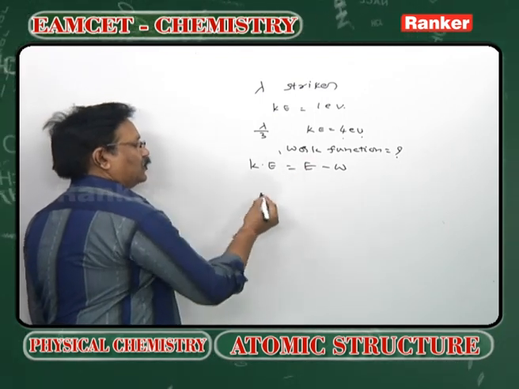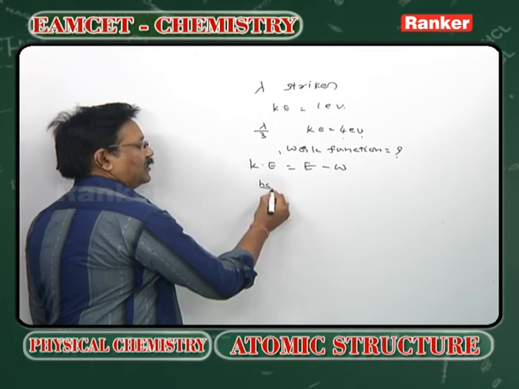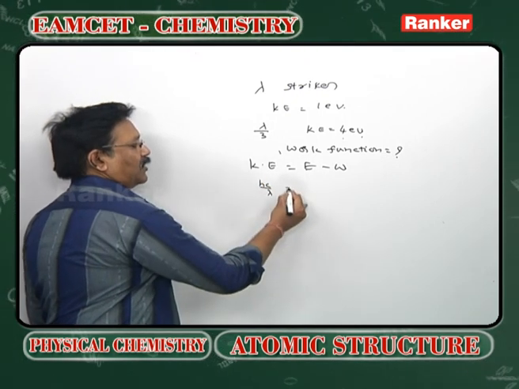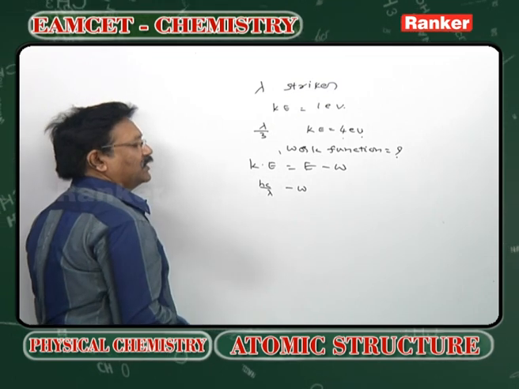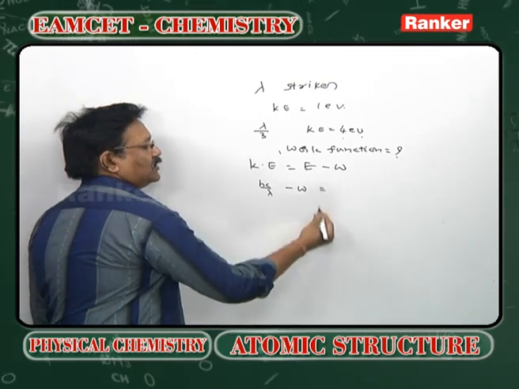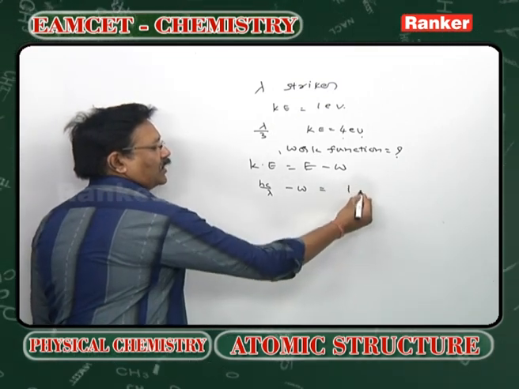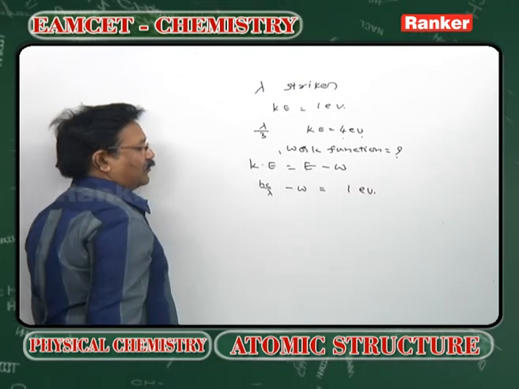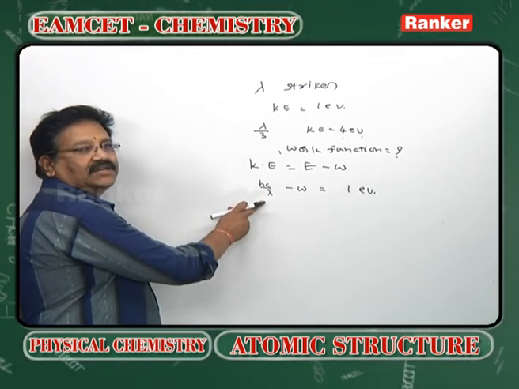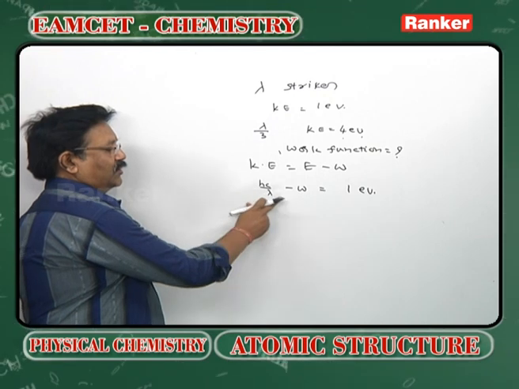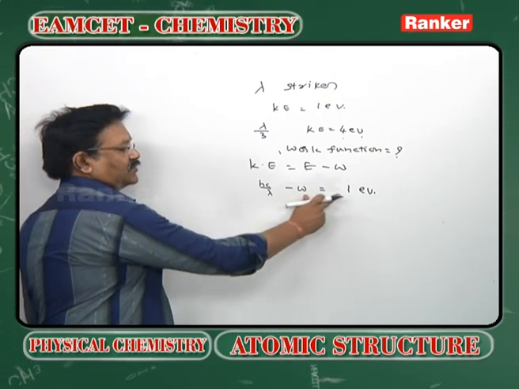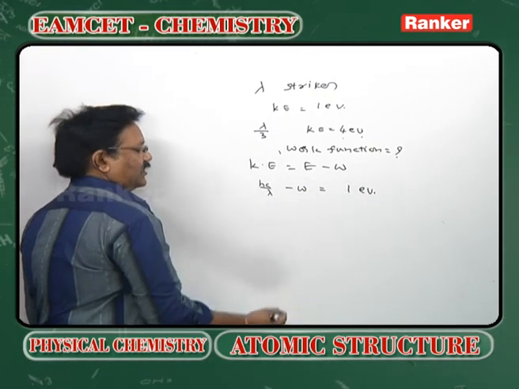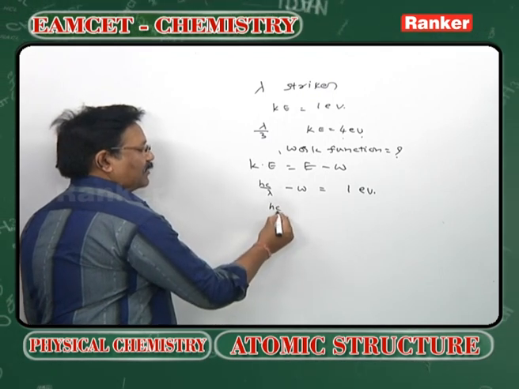E is equal to hc by lambda, minus W, is equal to 1 electron volt. This hc by lambda stands for the energy of the photon, and W is the work function, and this is the kinetic energy.